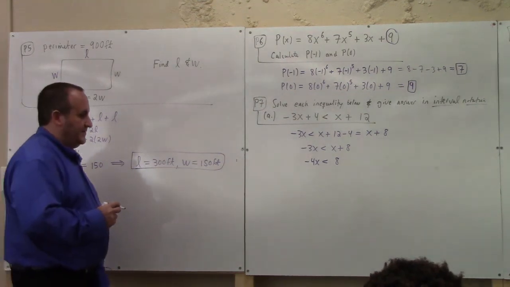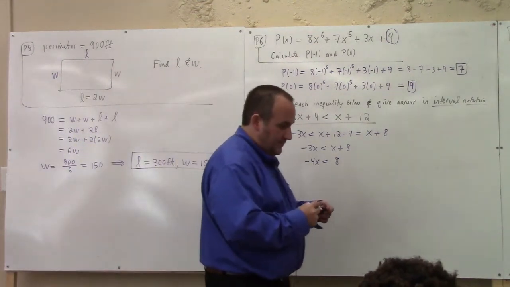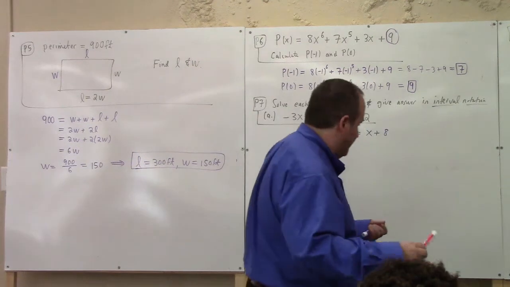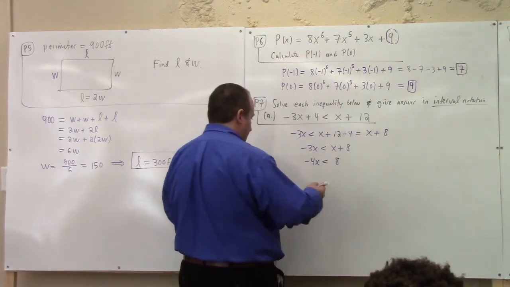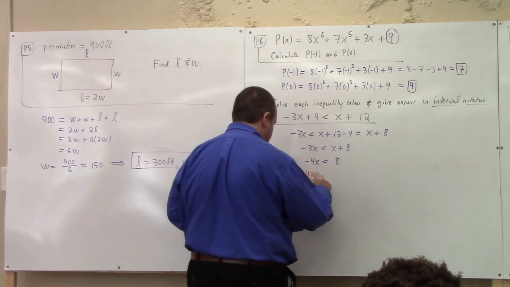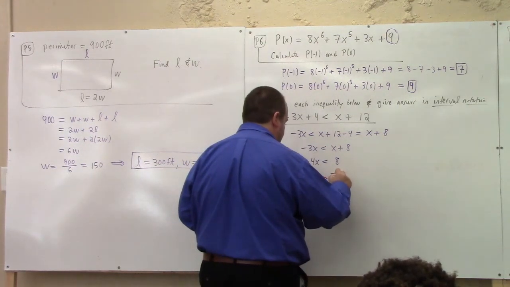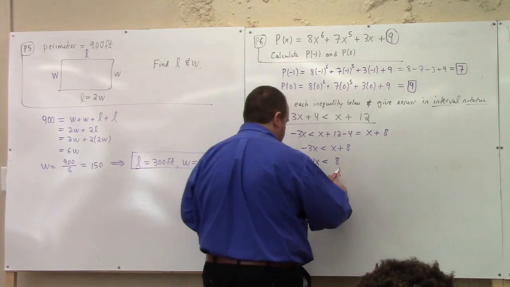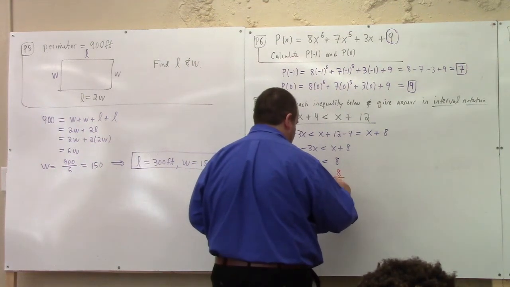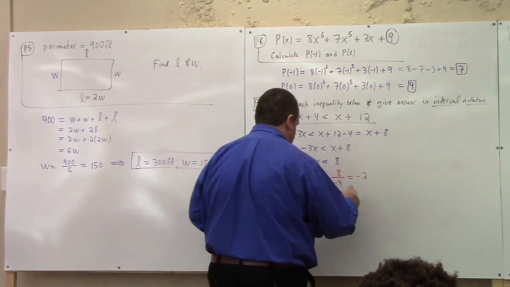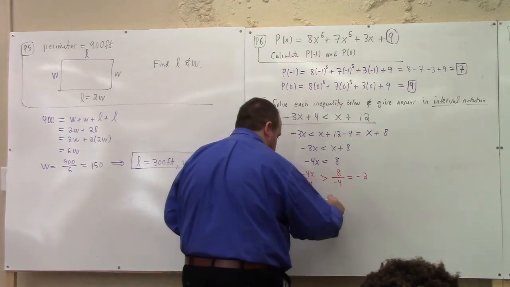Then what? Divide by -4. So when we do that, what happens? We have to switch the inequality from less than to greater than, because when we divide by a negative number, it flips the inequality over. That's the rule. So what that gives us is x is greater than -2.